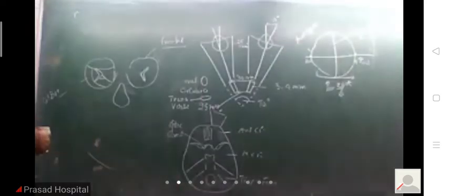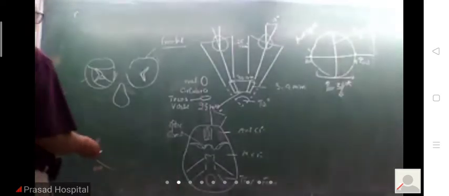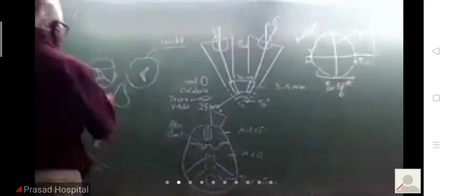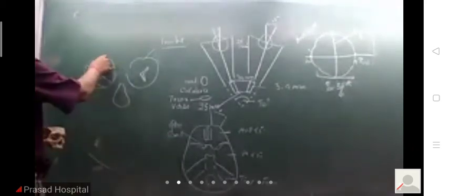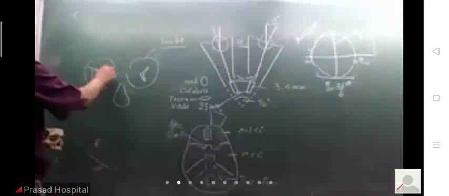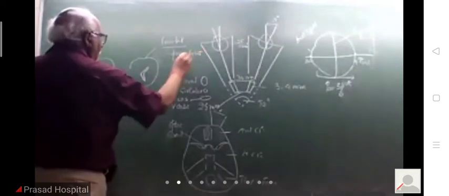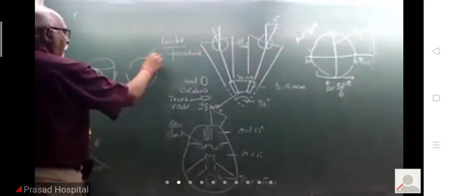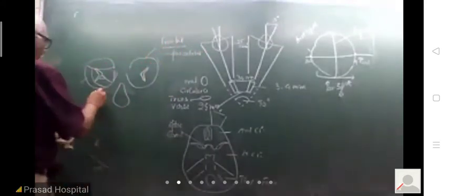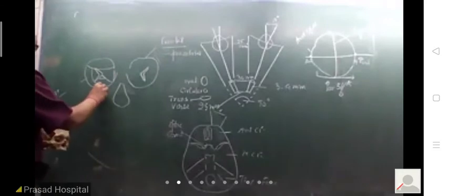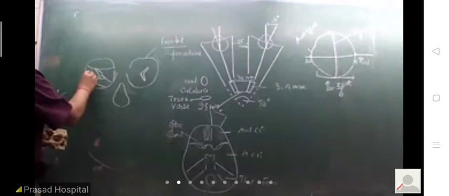So what you will find is that the upper boundary is called the supraorbital margin. The base is formed by frontal, by the zygomatic, and this is maxilla.